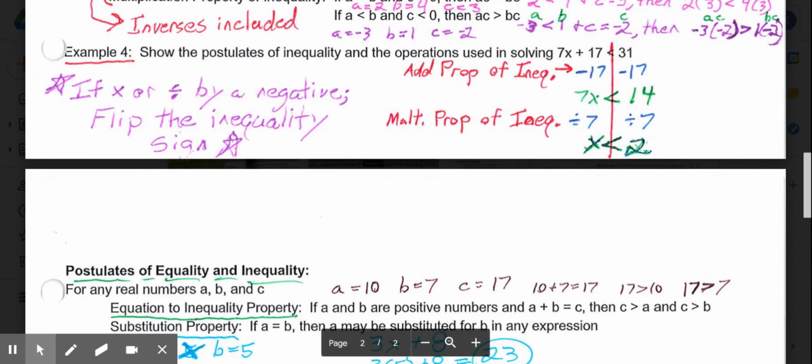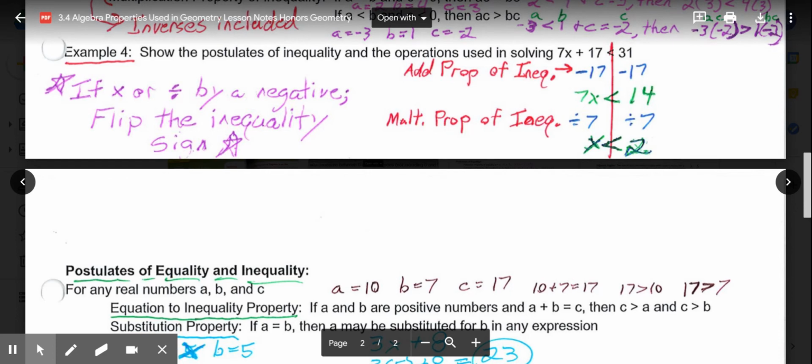So then example 4. Show the postulates of inequality and operations used for solving 7x plus 17 is less than 31. So first things first, we'll be subtracting 17 from each side. So subtraction being the inverse of addition is the addition property of inequality.